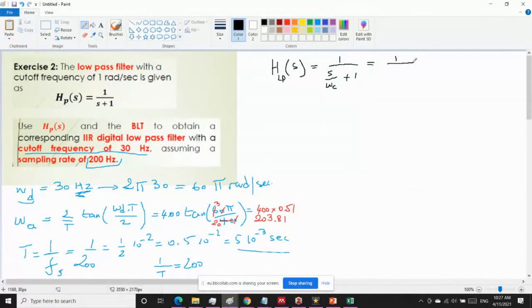Here it is 1 over S over 30 Hertz plus 1, which gives 30 over S plus 30.